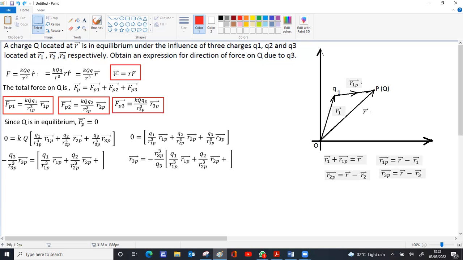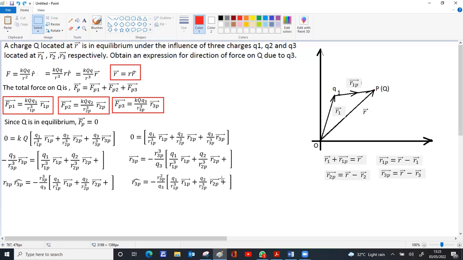We can write a vector as magnitude into direction. So R3P vector can be written as R3P into R3P cap. One R3P and one R3P get cancelled from here. So R3P cap, the unit vector, equals R3P square by Q3 with a negative sign with the terms in the bracket.